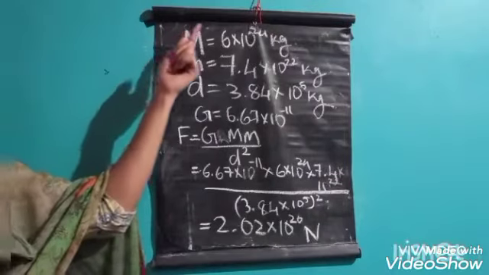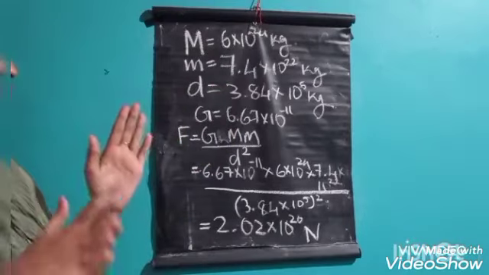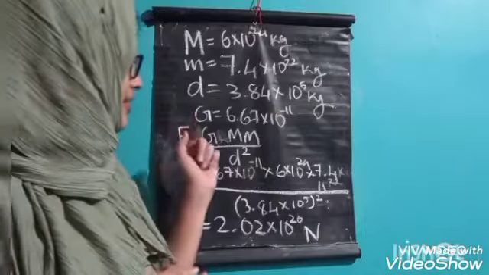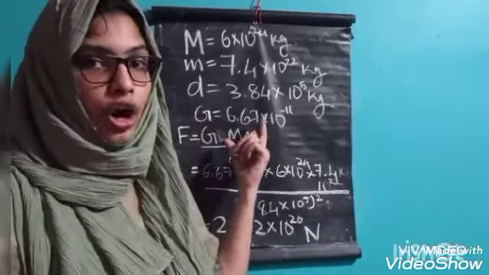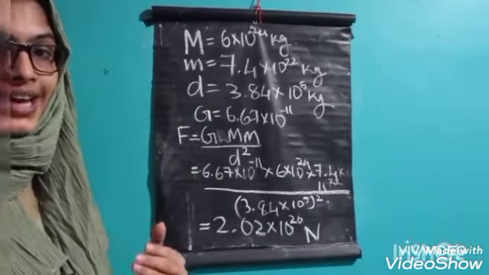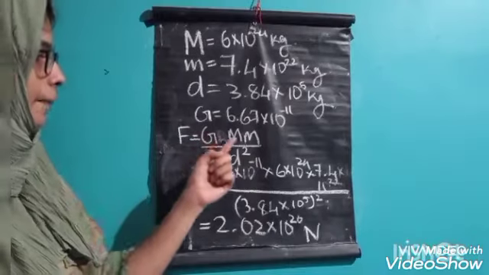Here the mass of the earth is given, the mass of the moon is given, the distance between the earth and the moon is given, and the value of the gravitational constant is also given. We have to find the force exerted by the earth on the moon, that is F is equal to GMm by D square.